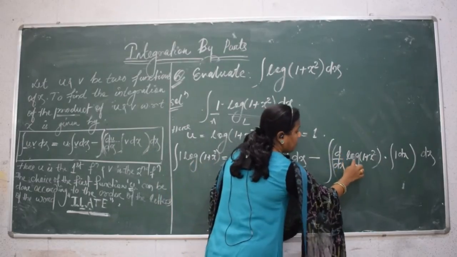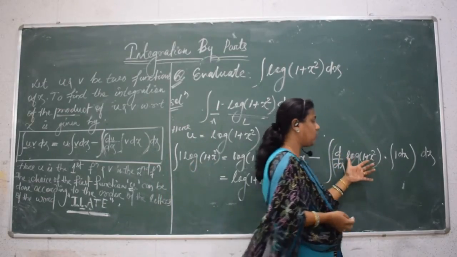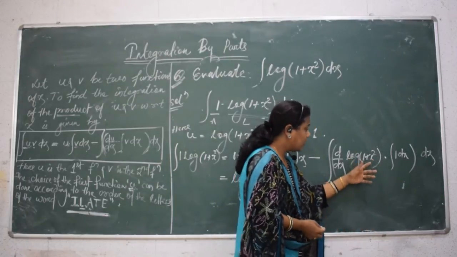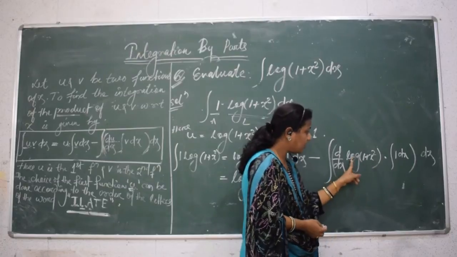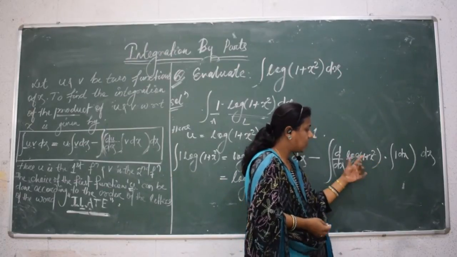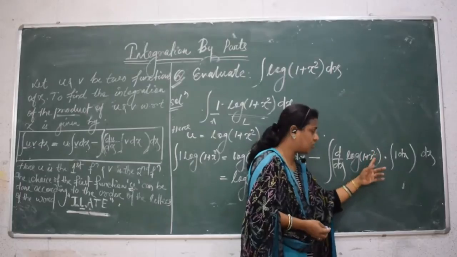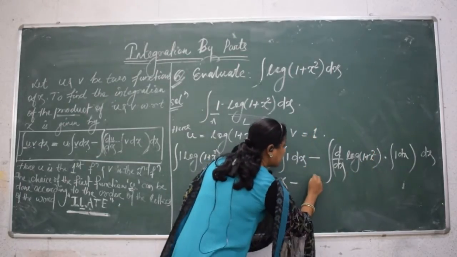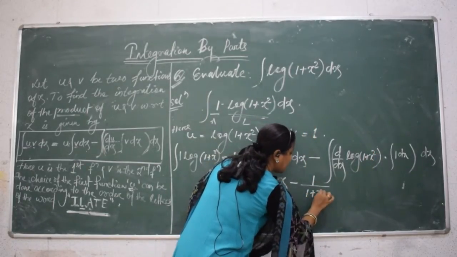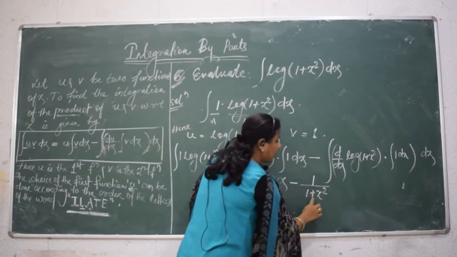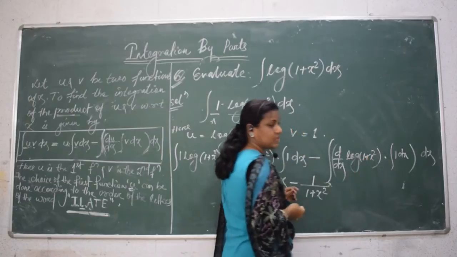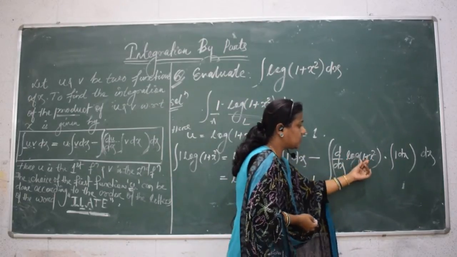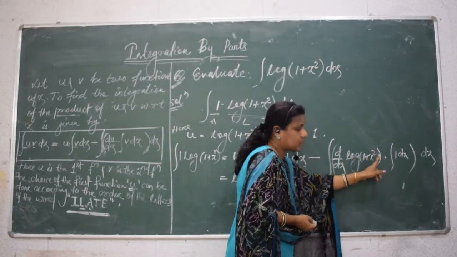What is the derivative of log of 1 plus x square? Here you have to apply the chain rule. You know the derivative of log x is 1 by x, but here log of 1 plus x square is there, means inside the log another function is there. So you have to apply the chain rule: the log function gives 1 by 1 plus x square, into the derivative of 1 plus x square, that is the constant is 0 and x square gives 2x.